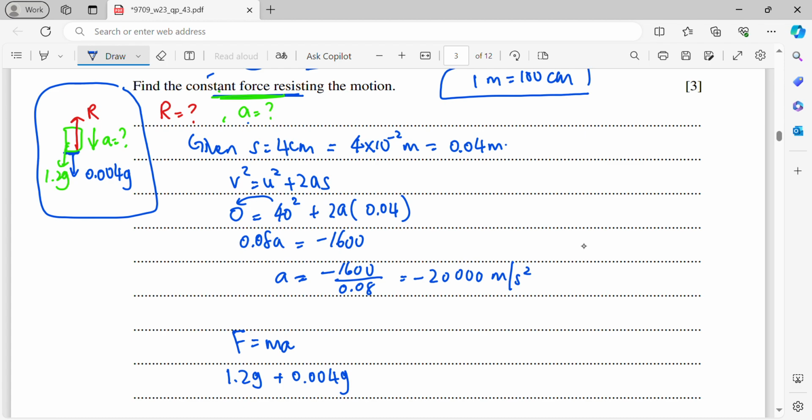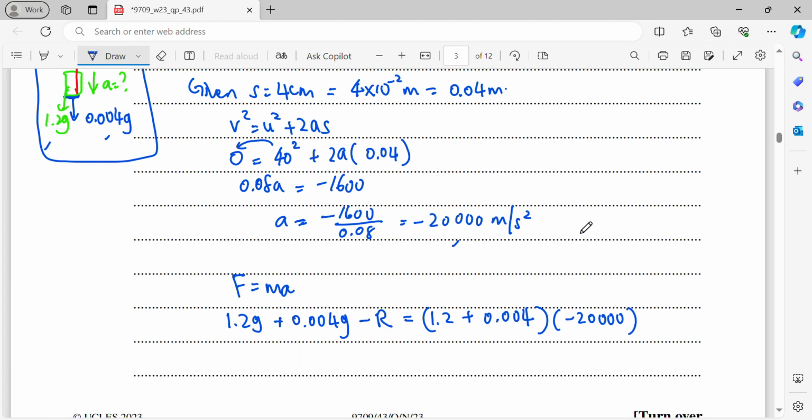But here we have the R, which is in the opposite direction of the green and blue forces. Therefore you minus R, because there is a resistant force, and it equals ma. For the m, it will be both of the combined objects, so 1.2 plus 0.004, times the a. So the a is negative 20,000.